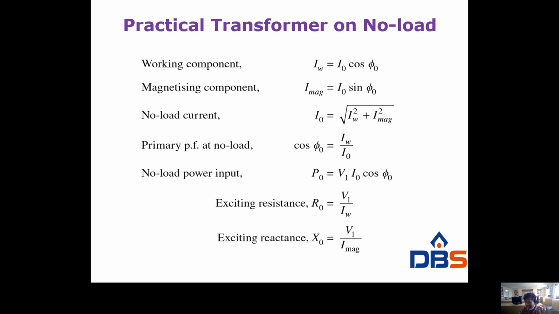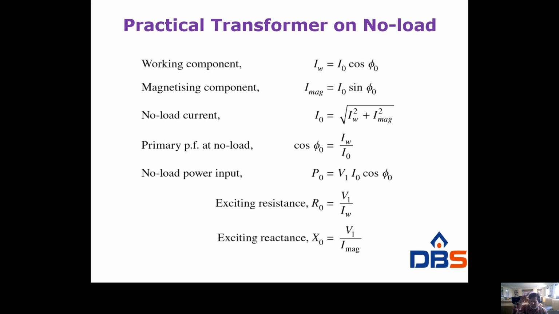Sometimes they are asking theory: explain the transformer on no load condition and load condition, 10 marks. Otherwise, they are asking: draw the phasor diagram of a single phase transformer on no load, 2 marks. Very, very important. Flux is the reference, and the induced voltages E1, E2 are lagging the flux by 90 degrees.